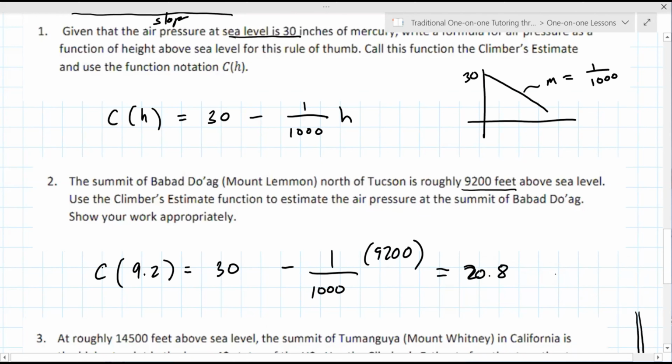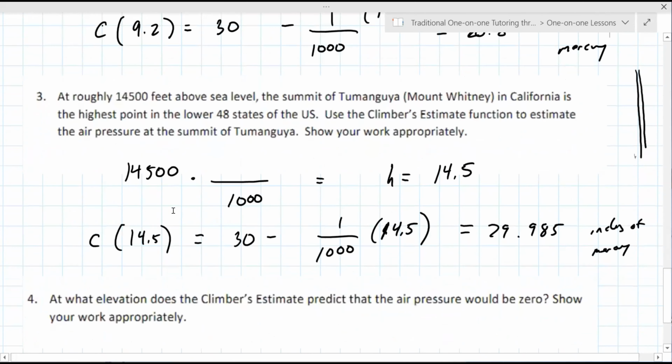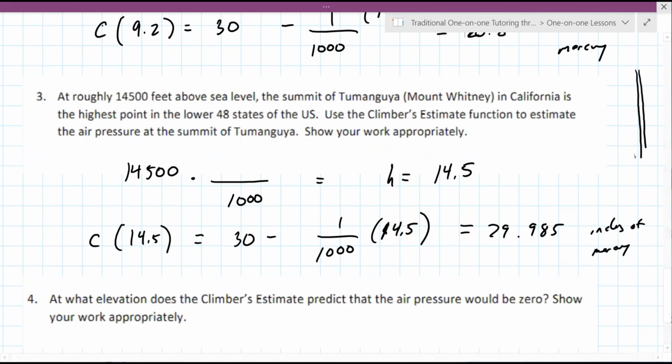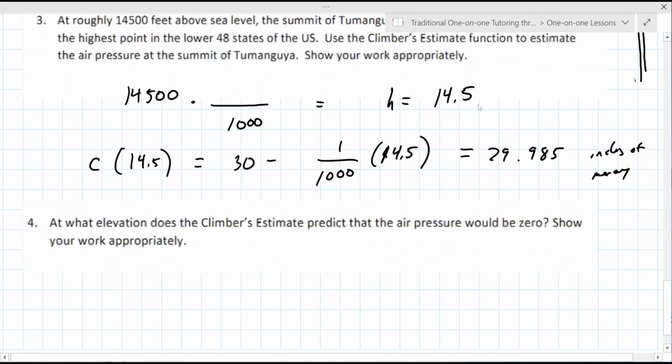And it's inches of mercury still. That first one was 20.8 inches of mercury. All right, got it. And then the next one here, we'll do it for 14,500. And that changes this substantially. It's going to be 15.5.